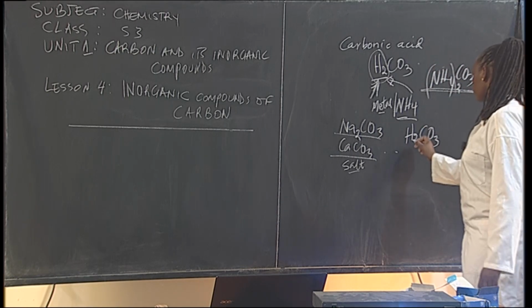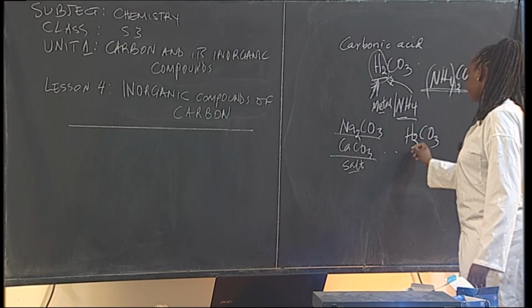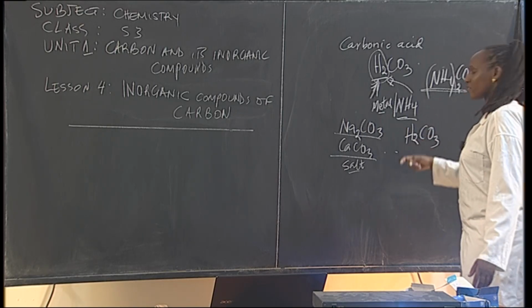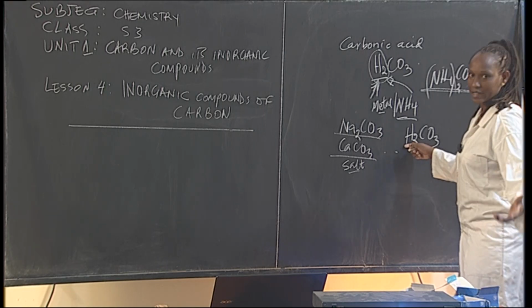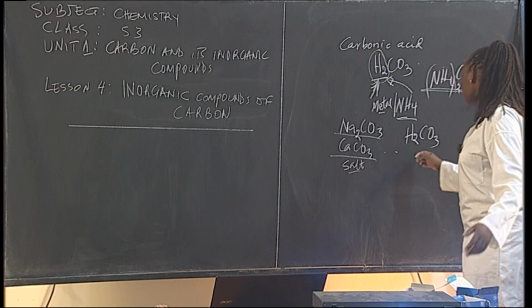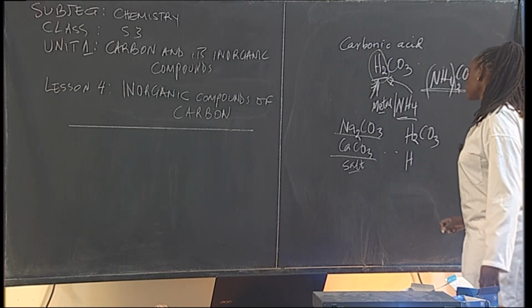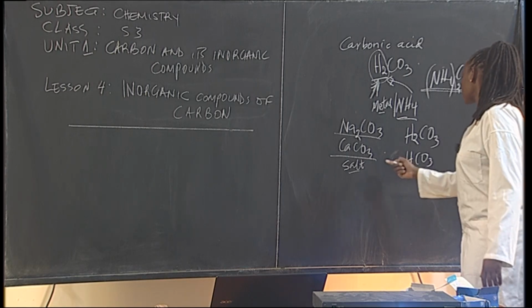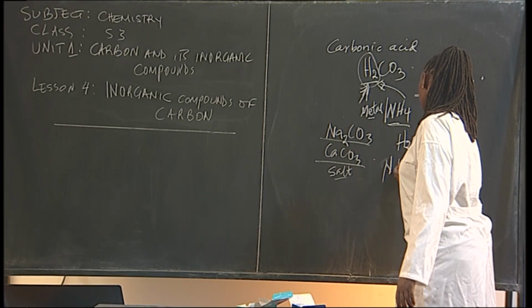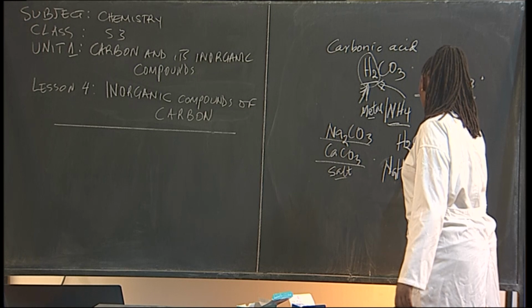There is partial, half, it's like half of this is removed and replaced by a metal. So for example, you remain with only one hydrogen and the whole of this, and then replace the other with a metal. So this is sodium hydrogen carbonate.